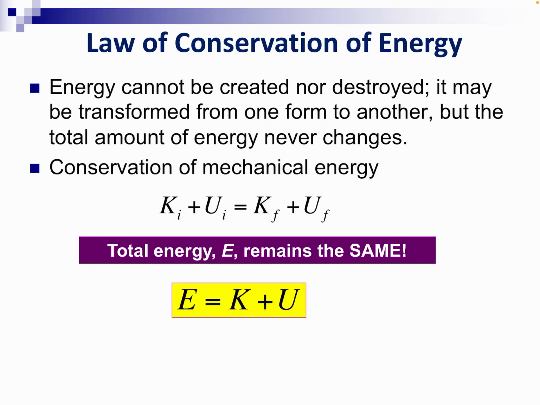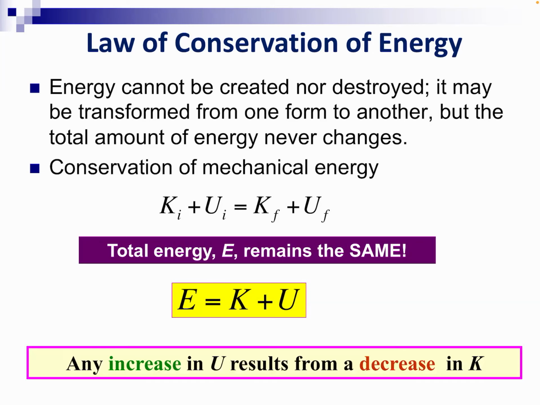Okay, and so the total energy should then be a combination of kinetic energy and potential energy. Again, we're assuming a frictionless system. There's no dissipation of energy here. Any increase in potential energy will result in a decrease in kinetic energy so that the total energy is the same.